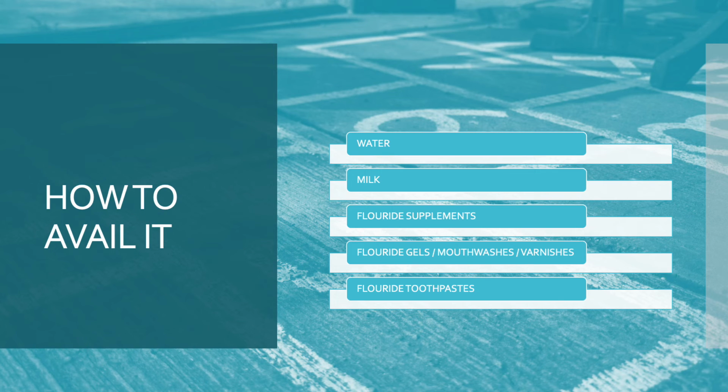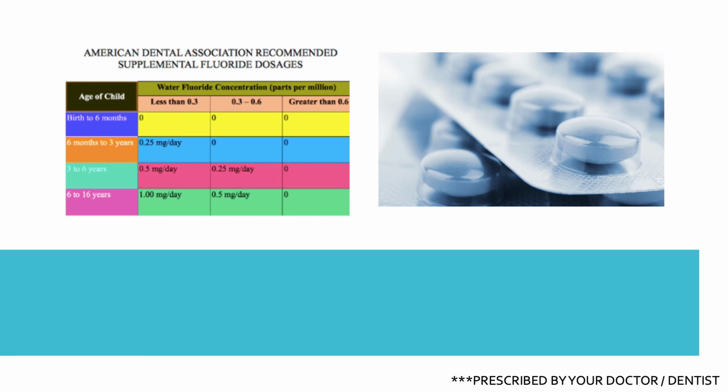Then we also have fluoride gels, fluoride mouthwashes, fluoride varnishes, and the most common is the fluoride toothpaste. So these are the things which will function topically, as I've just discussed in my previous slides. Again, to be very precise, these are always to be selected under the guidance of your dentist.